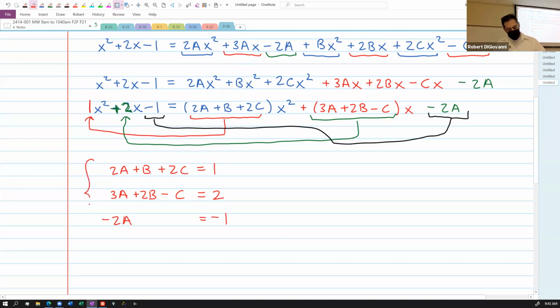And now what we have is a system of equations, 3 equations, 3 unknowns. Right now you could solve for a easily, and if you solve for a, you should be able to go back up and get the others. You could use elimination, which is a method you're taught in college algebra, but we are going to use this instead.